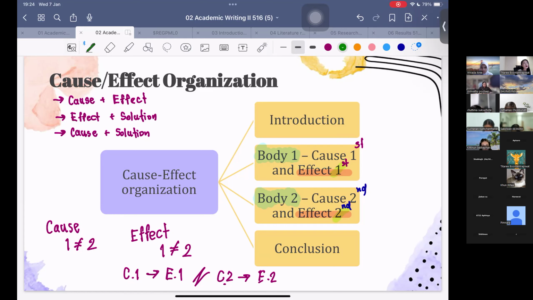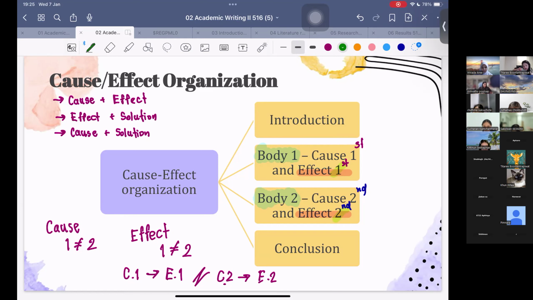To write both cause and effect at the same time, I list 2 causes and 2 effects only, so that's why I only have 2 body paragraphs. You can have more. How I construct the paragraphs is that for body paragraph 1, I discuss cause 1 and effect 1, so the first cause and its effects.